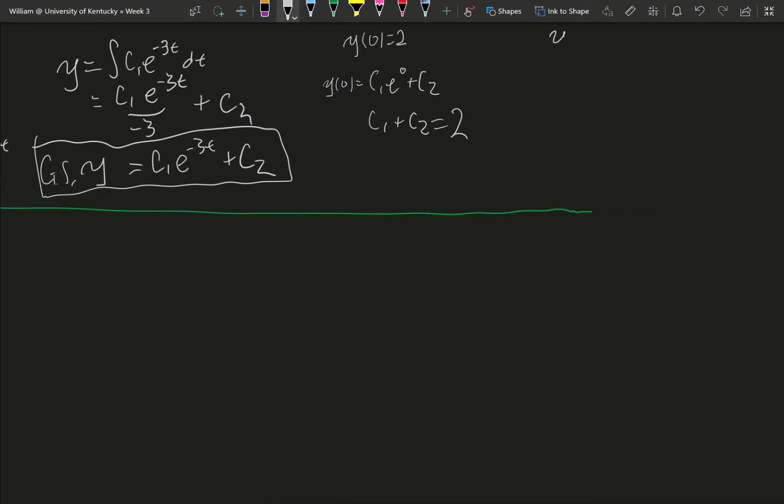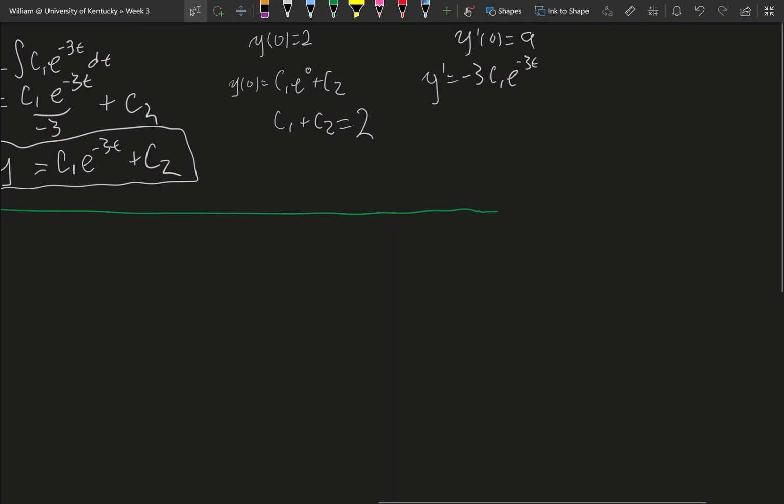We're also told that y prime of 0 equals 9. So y prime is negative 3 c1 e to the negative 3t plus 0, because the derivative of a constant is just 0.